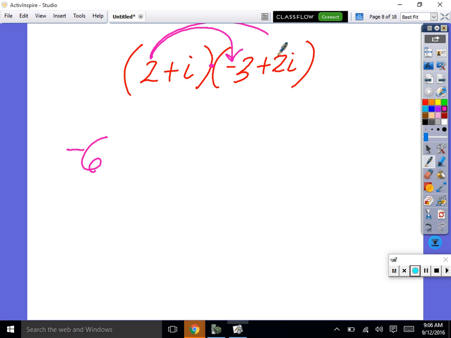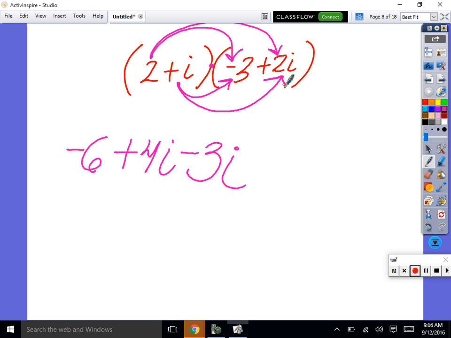Okay. 2 times +2i's. What is it? +4i's, correct? +4i's. Now I'm going to draw in this one. +i times -3 is -3i's. Now this is where most people mess it up. +1i times +2i's is +2, and then we had an i times i, which is i squared, correct?